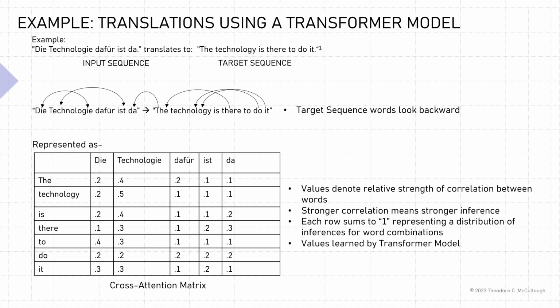And a couple things about this cross-attention matrix. First, the values denote the relative strength of correlation between words. Stronger correlations mean stronger inference. The sum of the rows always equals 1, because a row represents a distribution of values, and these values are ultimately learned by the transformer.